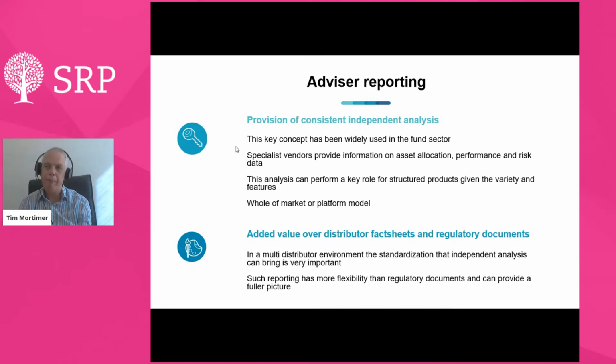Given that out in the marketplace we already have distributor fact sheets, the kind of marketing and investor information I talked about, with a certain amount of analysis, and now we have the regulatory documents, particularly the PRIIPs KID in Europe, requiring certain calculations to be done, then for advisory reporting and independent analysis to add some value, it has to provide something that those two don't do. So standardization and independence is very important.